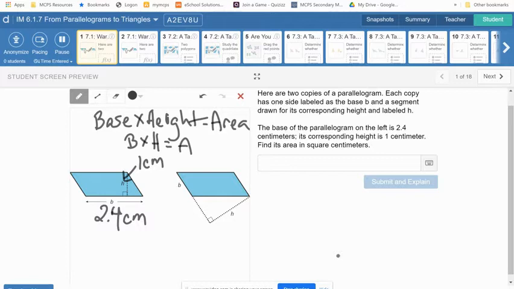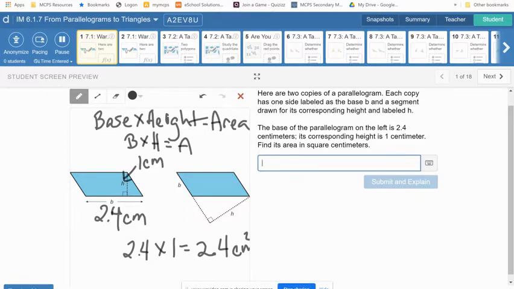If that's our base and that's our height, we're going to plug these numbers in. So 2.4 times 1 equals 2.4 centimeters squared. Don't forget the 2. Okay, so that is our answer for that. Area is 2.4 centimeters squared.